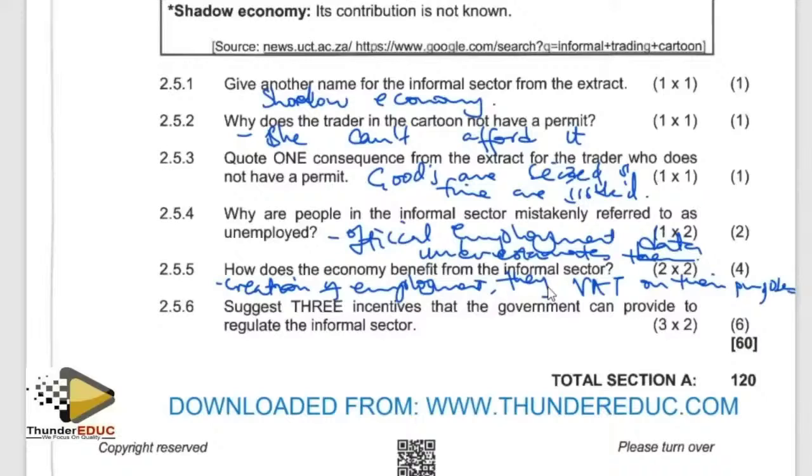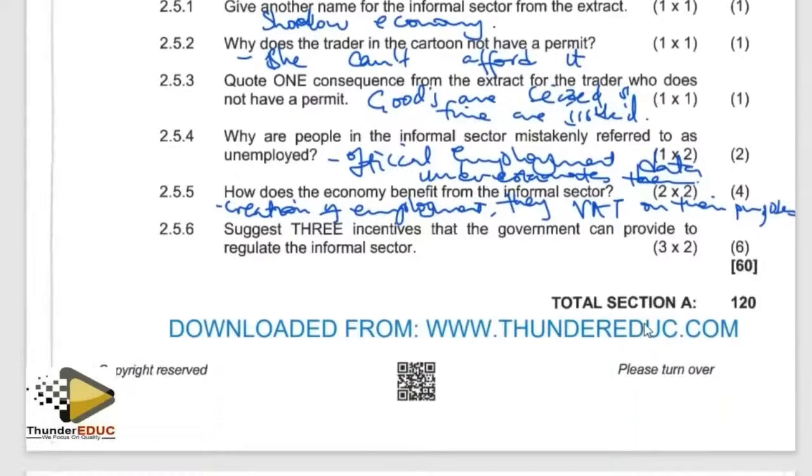On top of that, they sell cheap goods or make goods accessible to the people. 2.5 Suggest 3 incentives that the government can provide to regulate the informal sector.